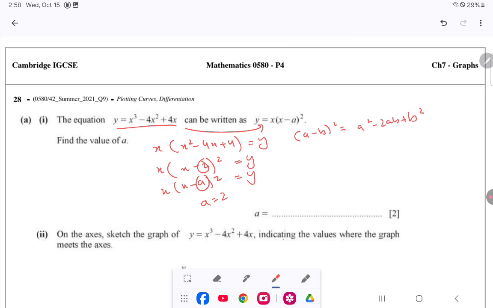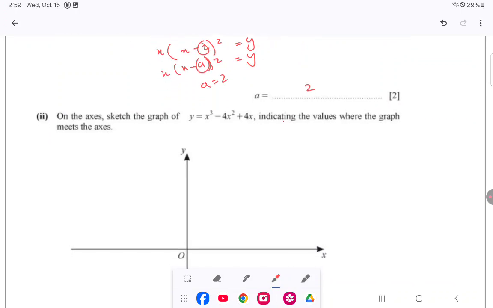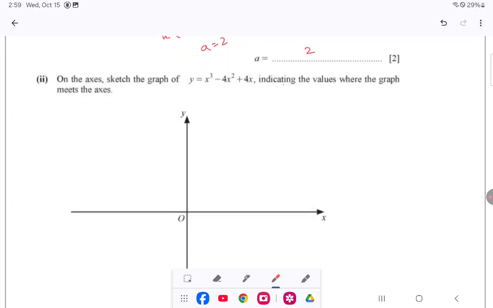So the value of a is equal to 2. Now for the second part, on the x-axis sketch the graph of y equals x cube minus 4x square plus 4x. For that we have to find the other values of x. Consider y equal to 0, the function is 0.